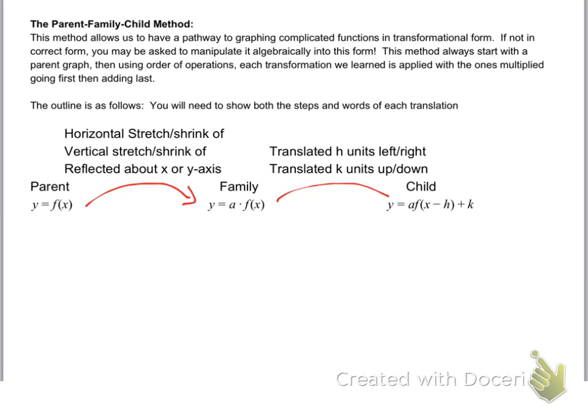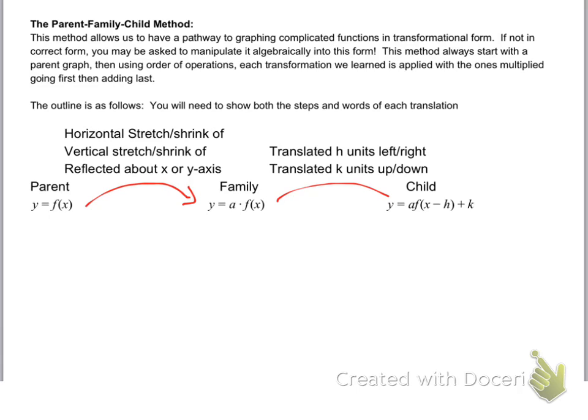So I bridge them together, and on the bridge, I will write things like horizontal stretch or shrink of, vertical stretch or shrink, reflected about the x or y axis, translated h units left, right, k units up or down. If a translation or transformation is not there, you don't talk about it. If there is no up or down movement, you don't have to state it. You don't have to state no movement up or down. Just don't say anything. You only state things that are happening.